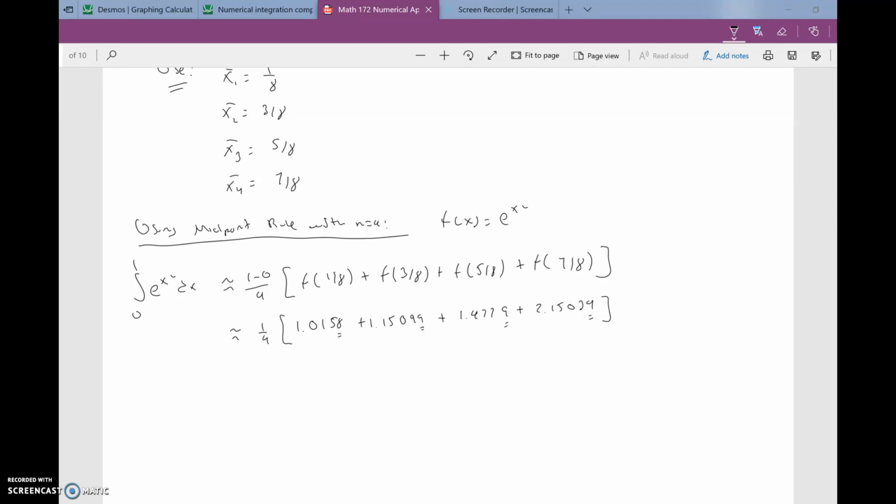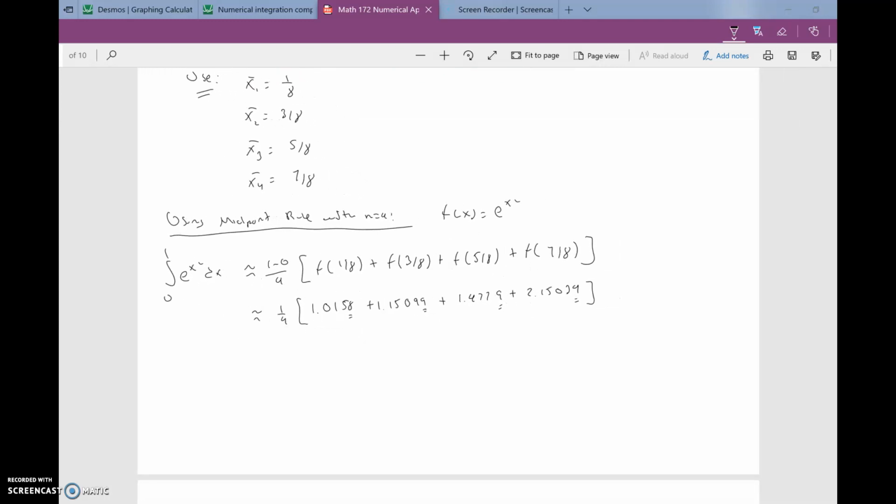I'm taking a little bit more on that last one, just because if I cut off to 3, we may actually end up with more error. Okay, so let me tell you what I'm getting. So this is 1/4 times the sum of those 4 values.